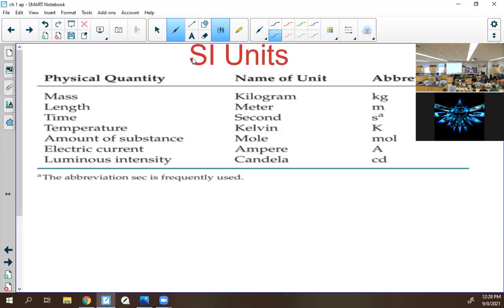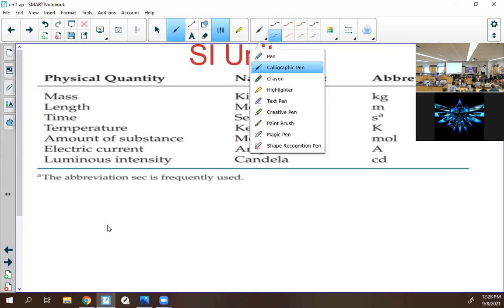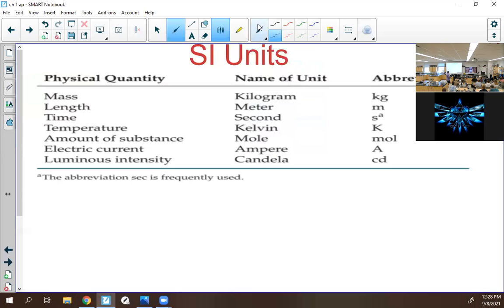Okay, you should know the following: the difference between 30 degrees Celsius and 31 degrees Celsius would be the same difference between 30 Kelvin and 31 Kelvin.